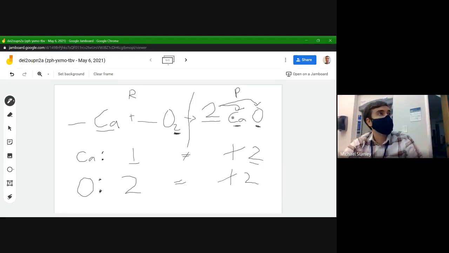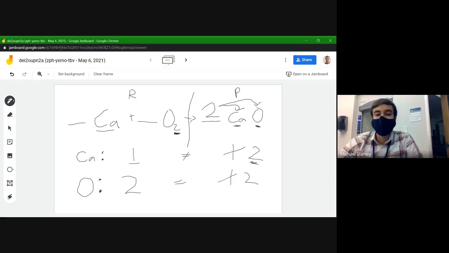So I don't want to mess with this 2 anymore because we used it to make our oxygens balanced, and that was good. So is there something we could do over on the reactant side to help balance out our 2 Ca's? Is there anything we can do on the reactant side, on the left-hand side over here, that'll give us 2 Ca's just like the product side?